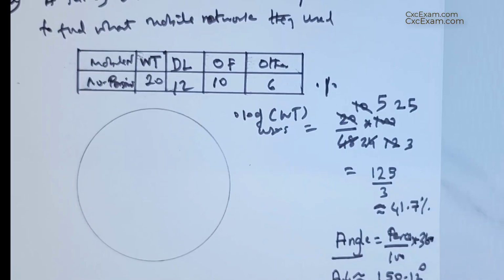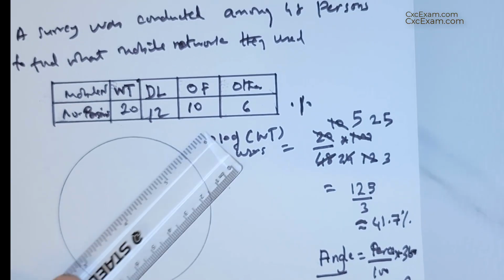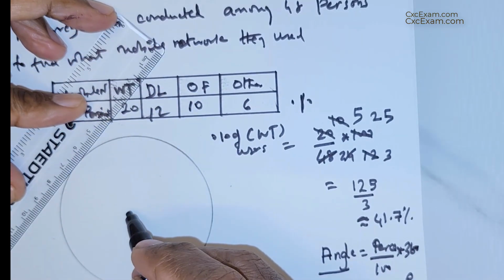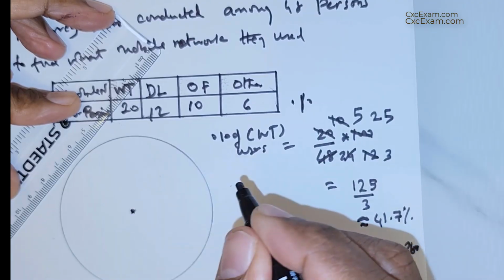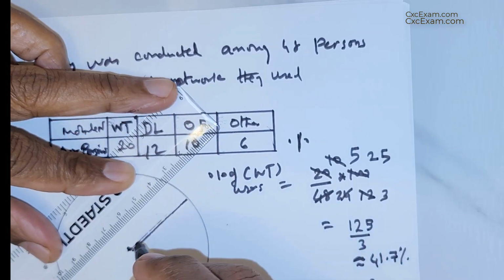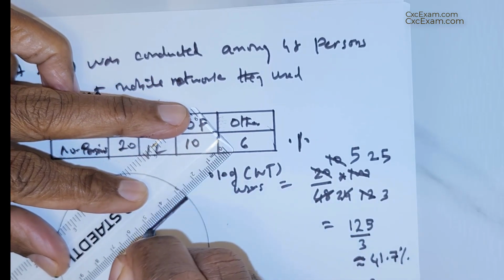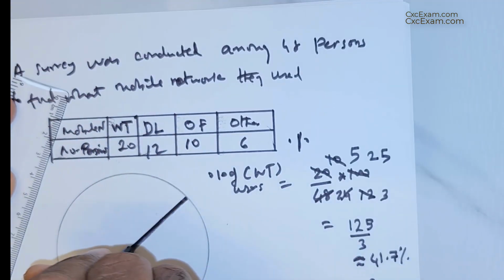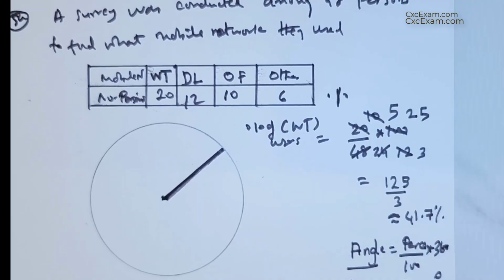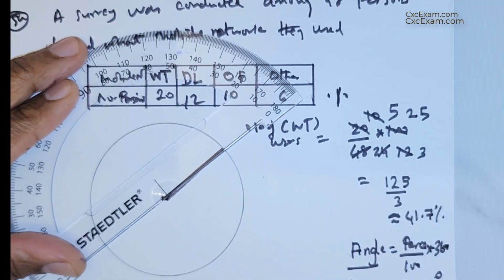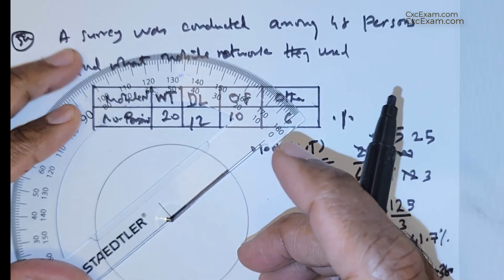So let's do that. What we are being given is this line. Okay, so this is the center. Let us take the center. We've been given this line. It's given in the question itself. This point is given. Now to get a perfect division, we need this instrument, the protractor.